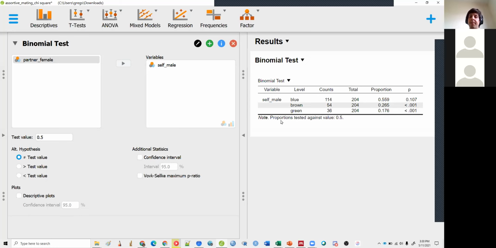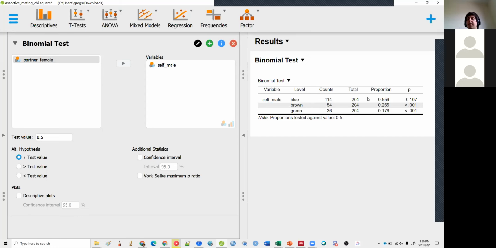One thing to note is that this test is actually testing each of the individual levels of the variable, which is to say each of the values in the data set, against a proportion of 0.5. So it's testing against the prediction that 50% of the total should have blue as the eye color. This is testing against 50% should have brown.